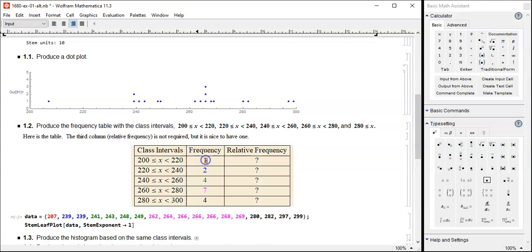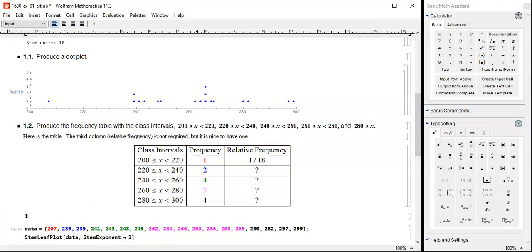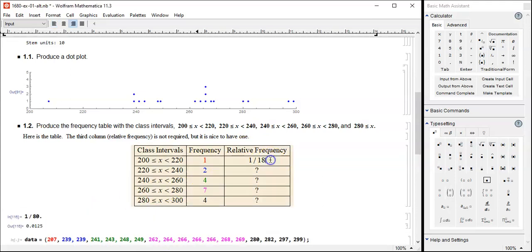And out of 18, 1 out of 18 is the frequency. And what is 1 out of 18 in decimal? About 0.0125, or if you like percentages, 1.25%.